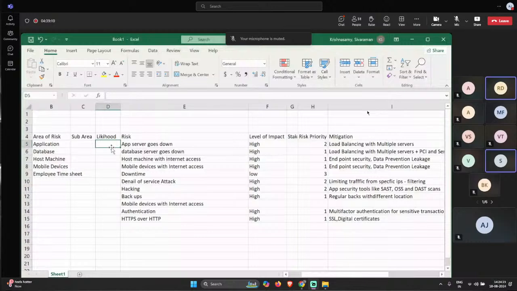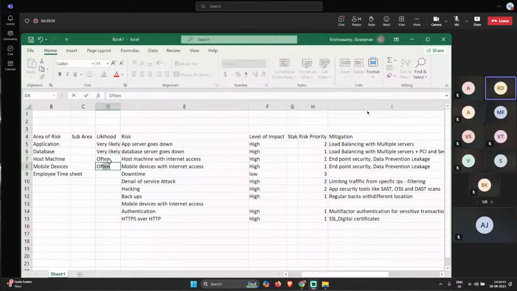Very likely, very often, or once in a while. Very likely, okay, it very often goes down. Because when we talk about risk, you need to talk about likelihood and priority. That's the reason we want to add this column for the audience as well.